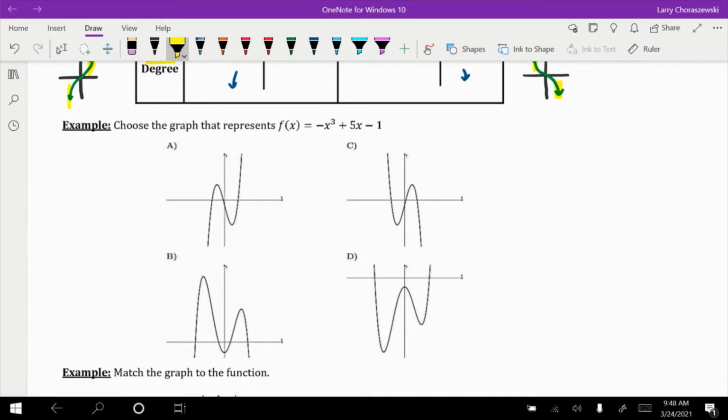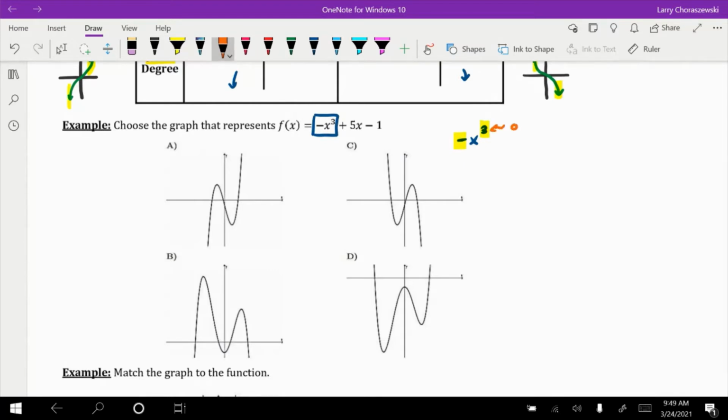And the way to approach a problem like this is to look at the leading term, which is negative x cubed. The important stuff about this leading term is the degree and the leading coefficient.